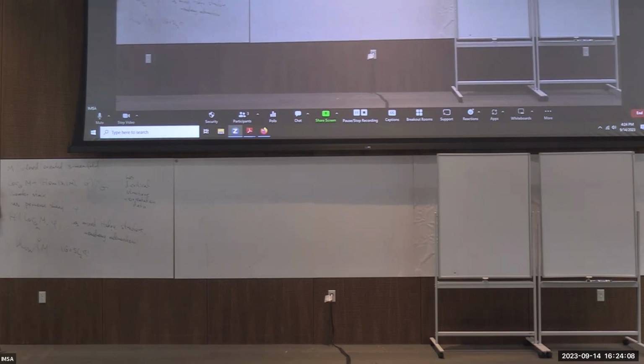Okay. So let me just maybe begin with some easy example where this can be easily computed.